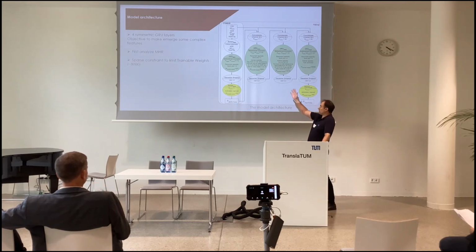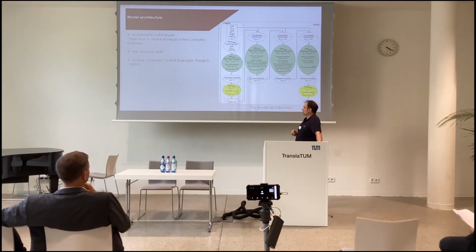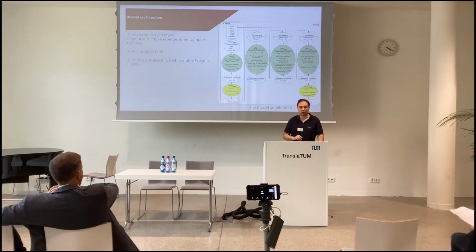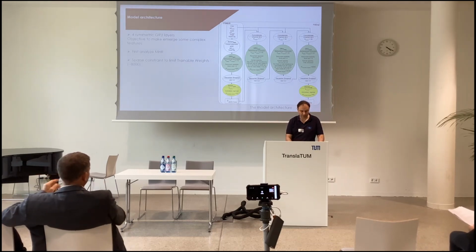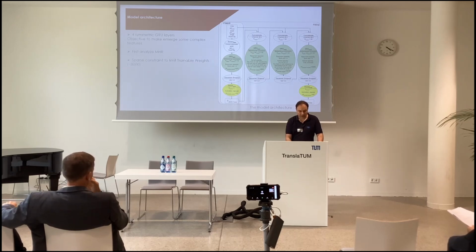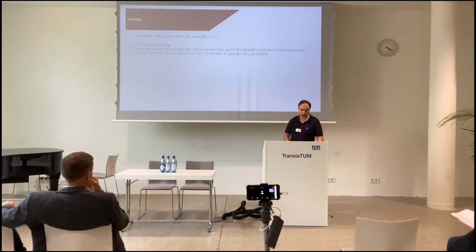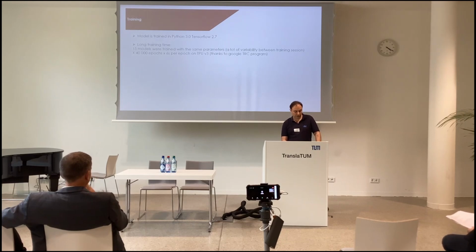The first GRU was to detect the probability, for the maternal heart rate channel, of being false or true signals. We had to make some sparsity constraints to limit the number of weights. So with the sparsity constraint, we have 8,000 weights in our models to train. We use TensorFlow to train our models.